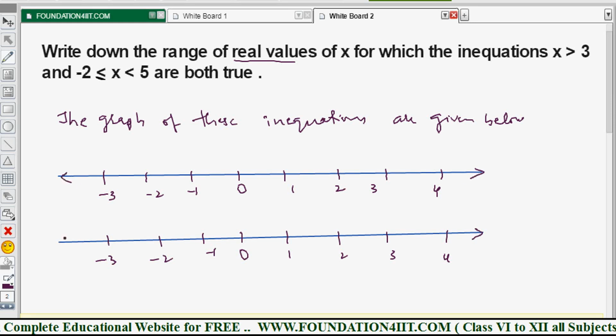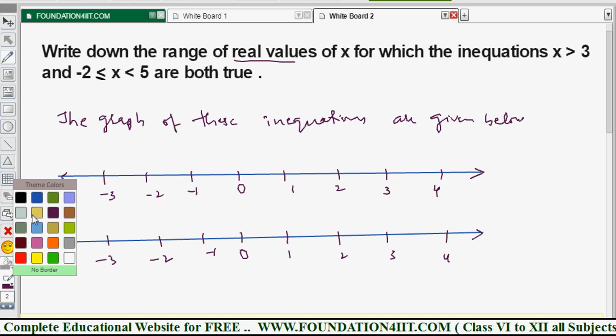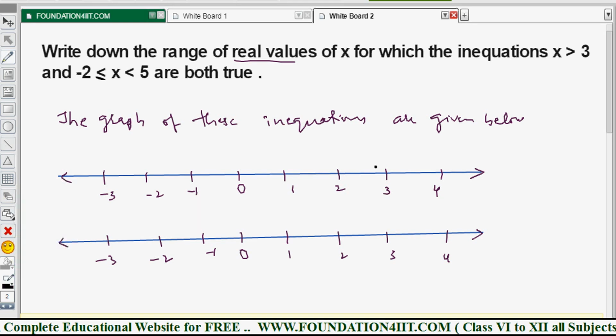First inequation is x is greater than 3, but 3 is not included. So this is 3. So 3 is not included. So you can take the open circle for this. From 3, these are all the values, till the arrow mark, that means till infinity, right?